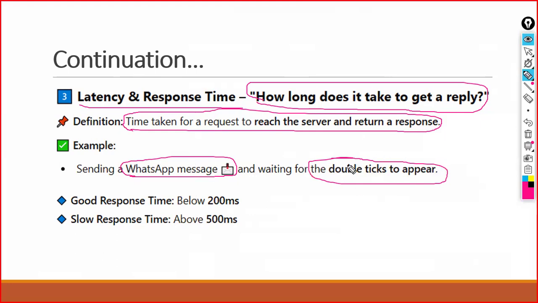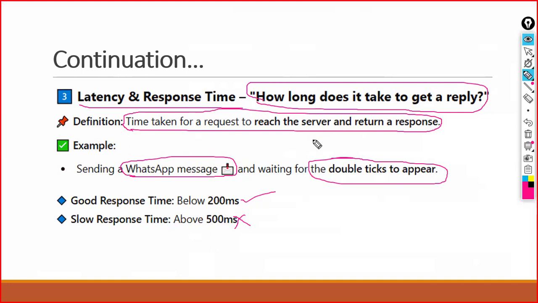How fast the double ticks appear on your WhatsApp message indicates your response time. Response times will vary, but for latency the expectation is always less than 200 milliseconds. If it is above 200 milliseconds, it is not acceptable. The response times will depend on the type of request that you are going to send.